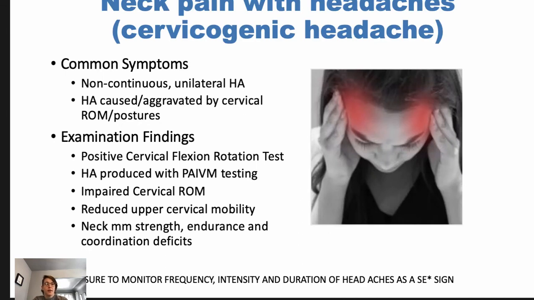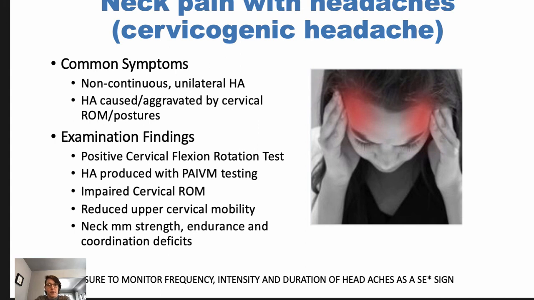So, neck pain with headaches, the common symptoms are a non-continuous unilateral headache, and that headache is aggravated by cervical range of motion or sustained postures. The exam findings that you'll find are a positive cranial flexion rotation test, the headache reproduced with accessory testing, particularly of the upper cervical spine, impaired cervical range of motion, reduced upper cervical mobility, and then neck muscle strength, endurance, and coordination deficits.